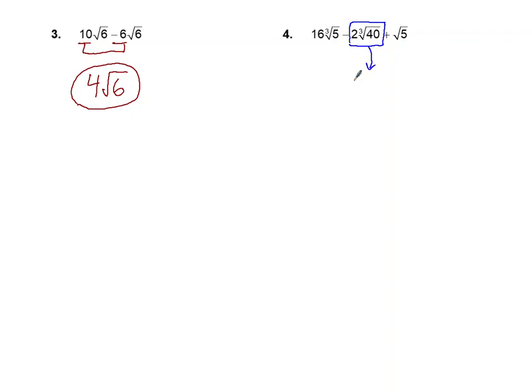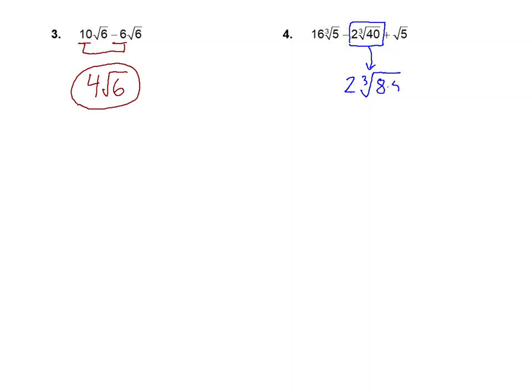The 2 has already escaped, and then the cube root of 40, I'm talking about cubes this time, so 4 is not going to be helpful because 4 is a perfect square. I want a perfect cube that divides evenly into 40. And if you're not sure what that is, maybe use the other part of the problem as a hint. I do see a cube root of 5. Maybe 5 goes into 40 a certain number of times, and it does.